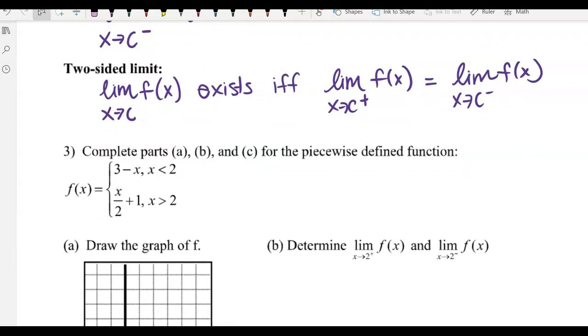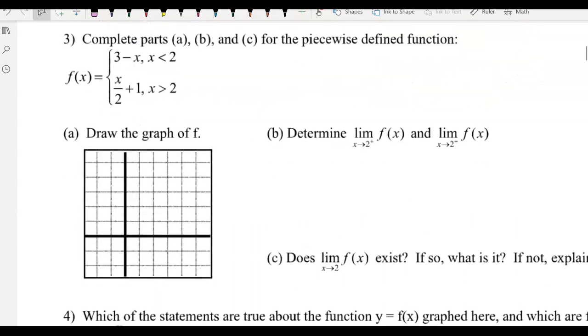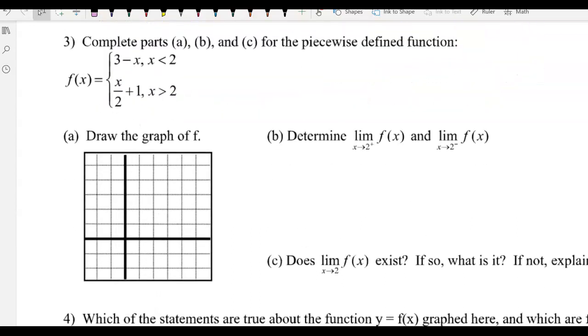Okay, part C, number 3, I want you guys to sketch that out for me. If you don't know how to sketch it, can you please ask your neighbors? We'll give you guys a minute there to sketch that out. Just sketch it out.